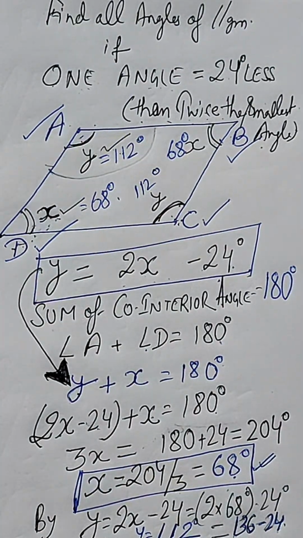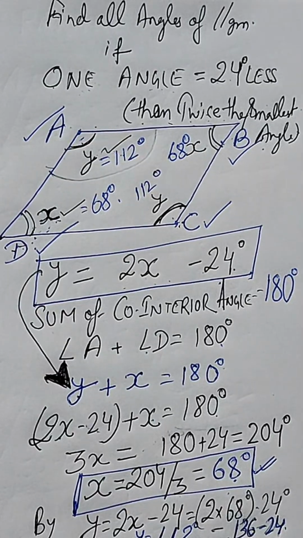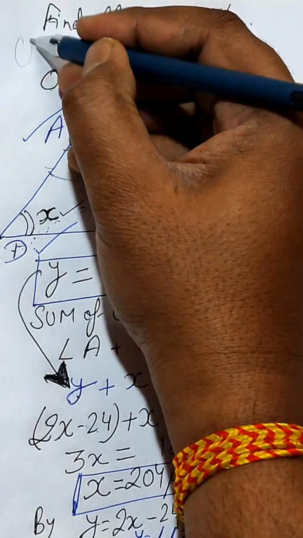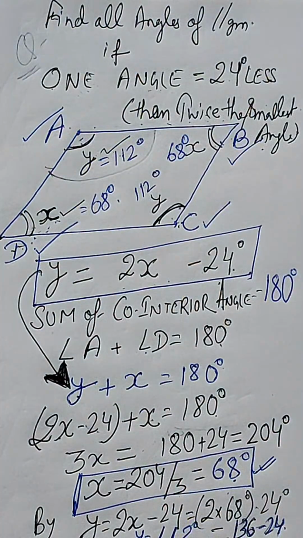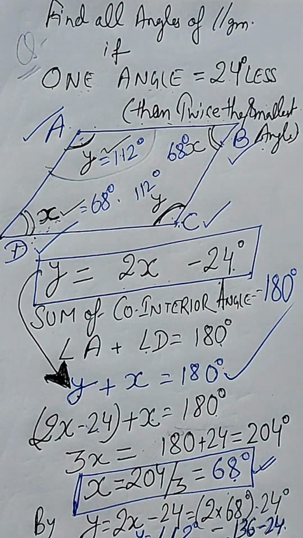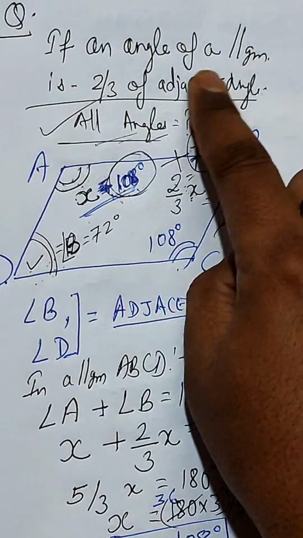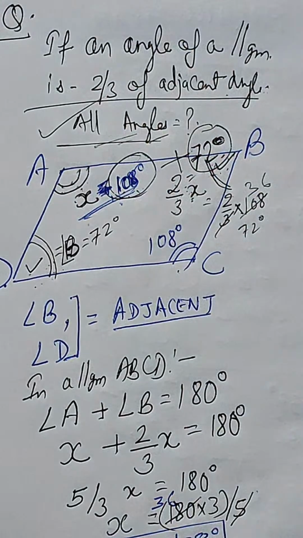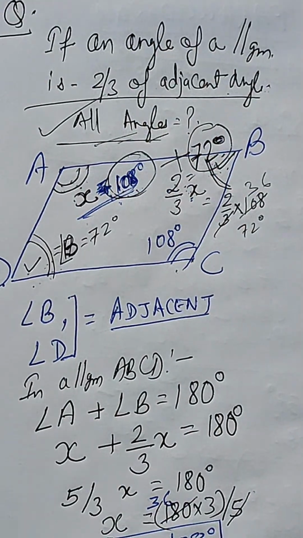So as we discussed in today's class, these are the important questions. This is one of the questions which we discussed: if an angle of a parallelogram is 2/3 of its adjacent angle, find all the angles. So in this way we solve this question.